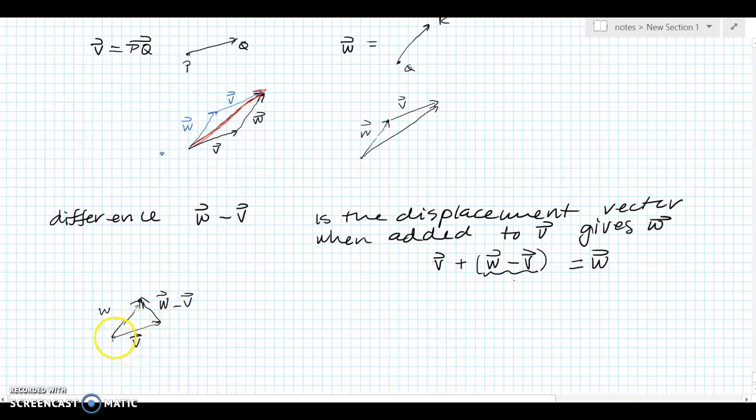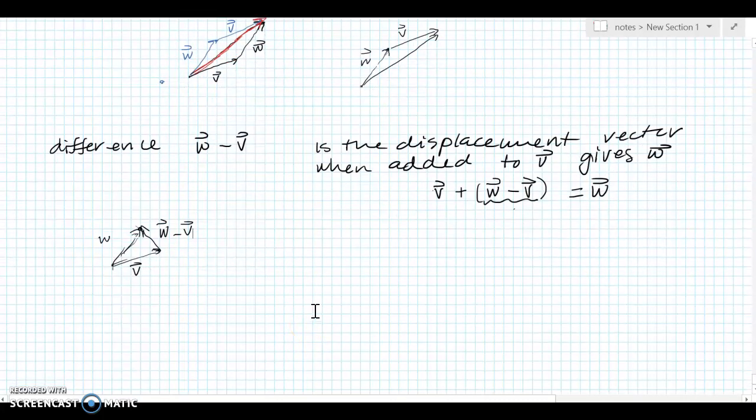So you have your V, add the displacement of the difference, and you should get W. Usually we have V and W, and we just know that this piece right here is going to be our W minus V. So in the picture, this is the displacement of the difference, W minus V.